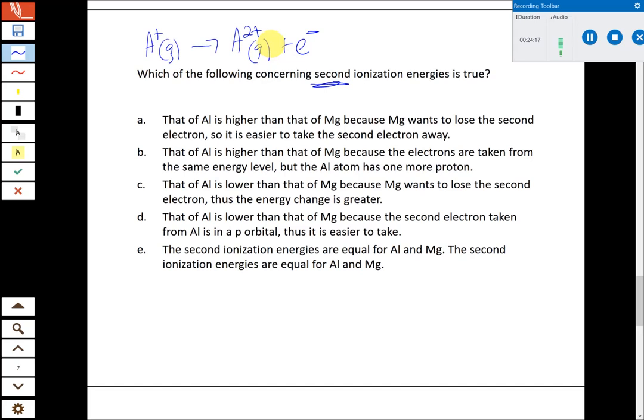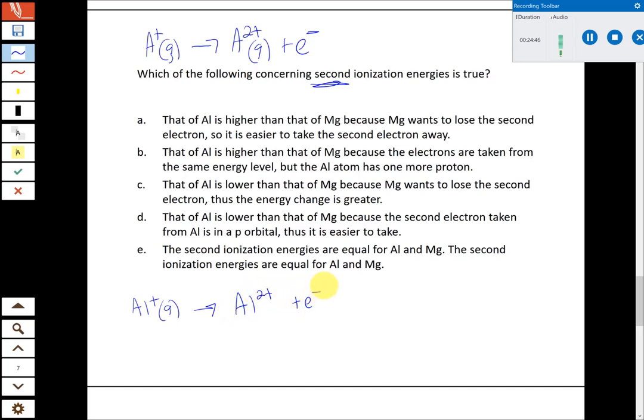If we're talking about second ionization energy, you need to think about a couple other things. The first thing you need to think about is the electron configuration of the 2 species that you're considering. So if we're doing the second ionization energy here, in this question we're comparing aluminum and magnesium, Al and Mg. For aluminum, the second ionization energy is going to be Al+ going to Al2+ and an electron.